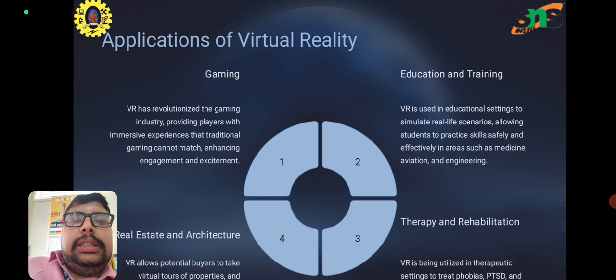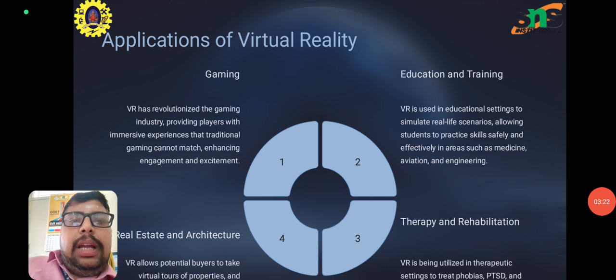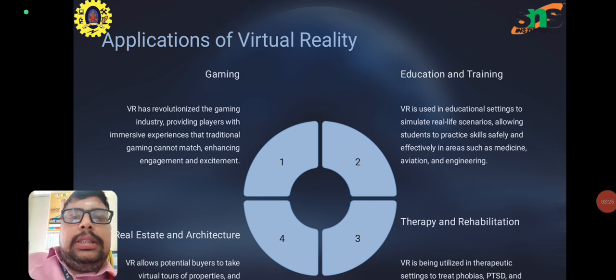Next, we have the education and training field. In the education field, students can easily observe scenarios. If there are non-safe or high-risk experiments, these risk factor experiments can be implemented using VR.